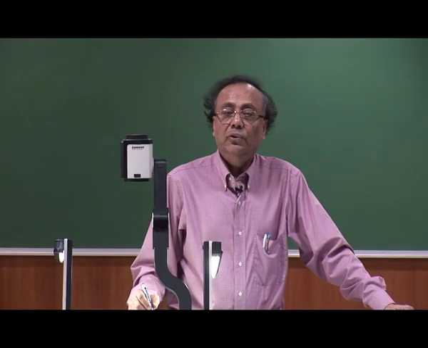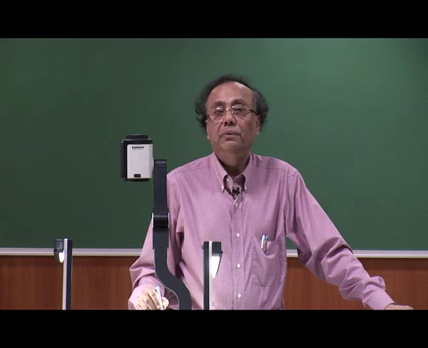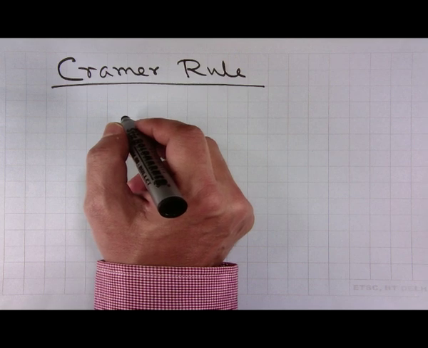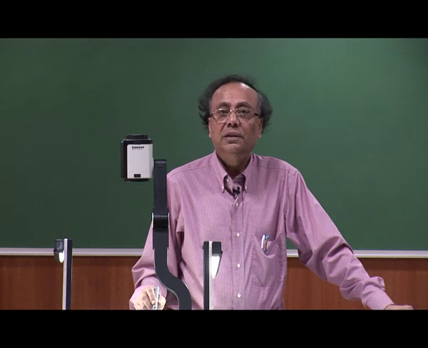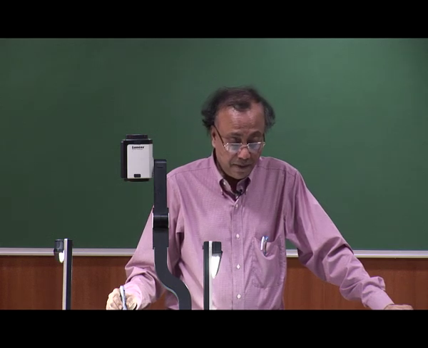Here we won't explicitly compute the inverse, rather we shall solve the system of equations by computing different determinants, and with the help of that we shall compute the values.